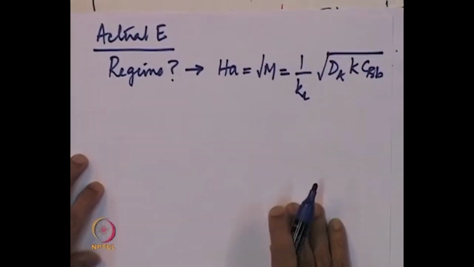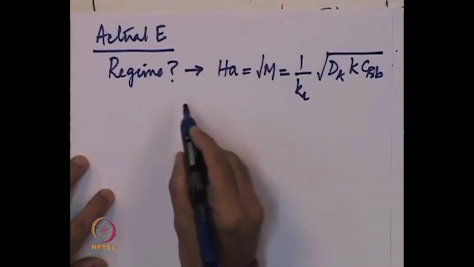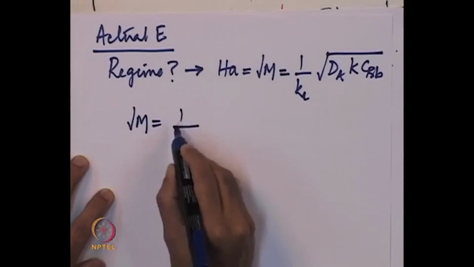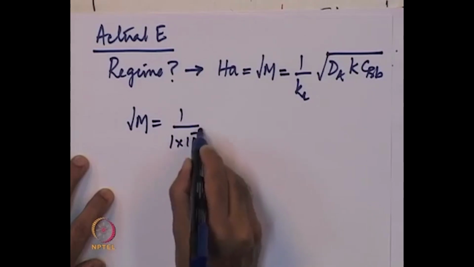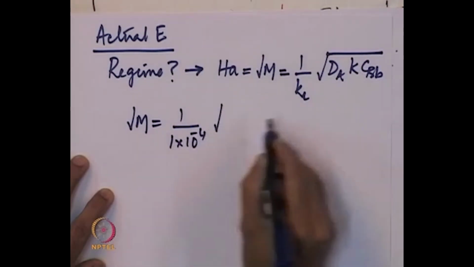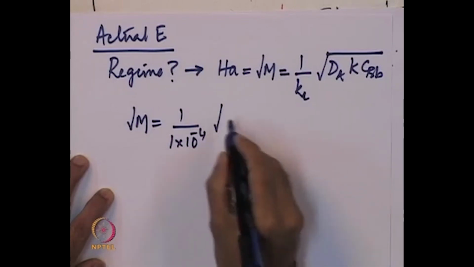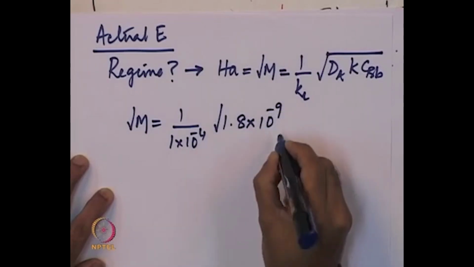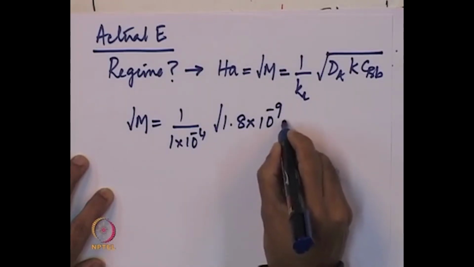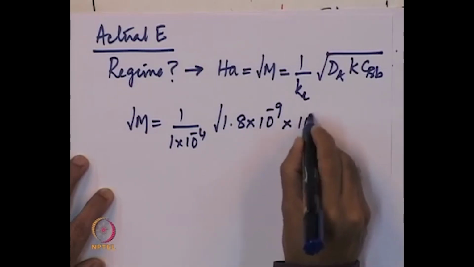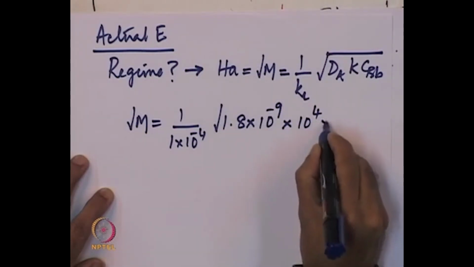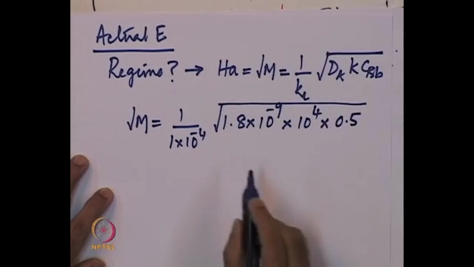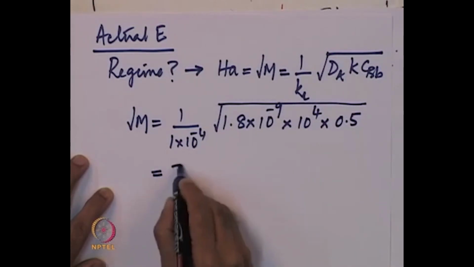This is the standard definition for a second order reaction, and if we plug in the values, it turns out that 1 over k_L, which is 10 to the power minus 4 meters per second, times the square root of: 1.8 multiplied by 10 raised to minus 9, the value of diffusivity in square meters per second, K is 10 to the power 4, the second order rate constant, multiplied by 0.5, the value of the sodium hydroxide concentration. All units are in SI, therefore, we do not have to do any conversions. This gives you a value of 30.